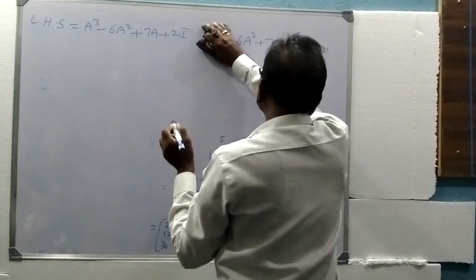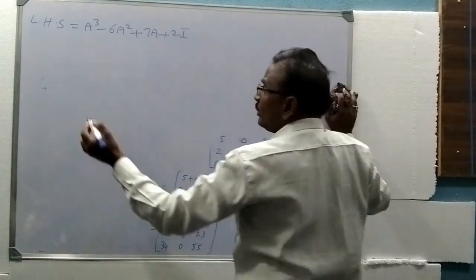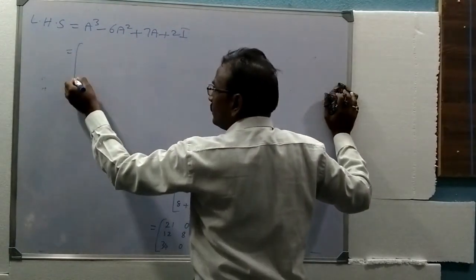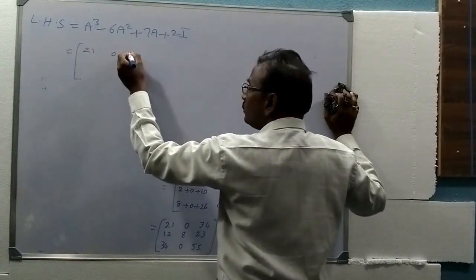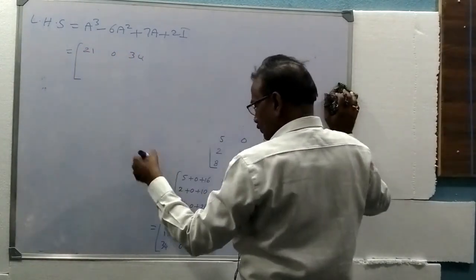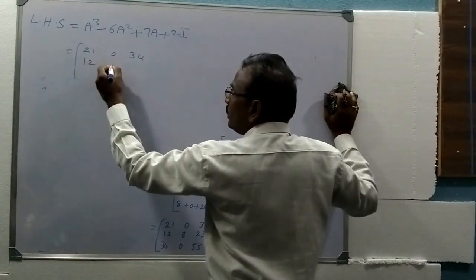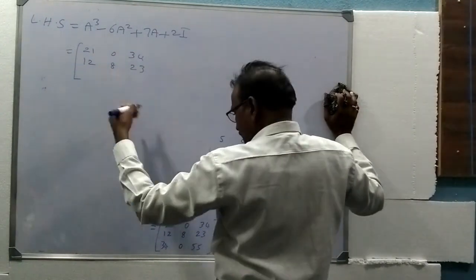So this is LHS. Now substitute A cube. Your A cube is 21, 0, 34, next 12, 8, 23, next 34, 0, 55.